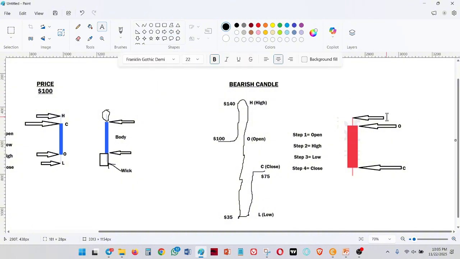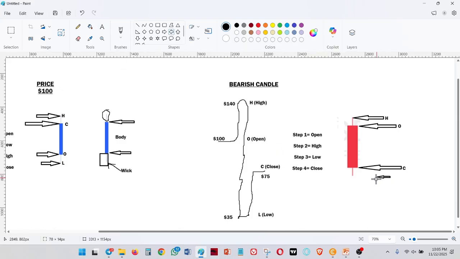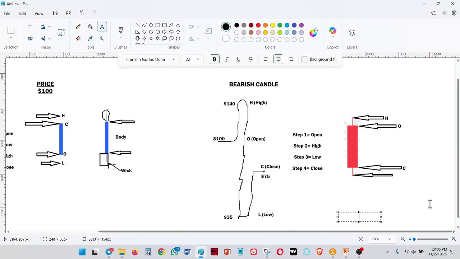So we put H over there. Then also down here at the bottom, finally we have our low. So can you all see now that this is how a bearish candle is formed?